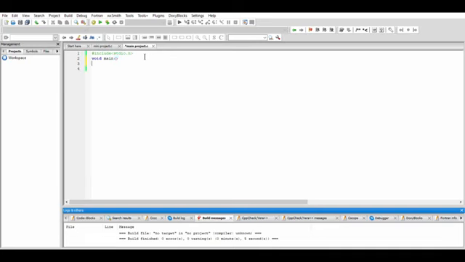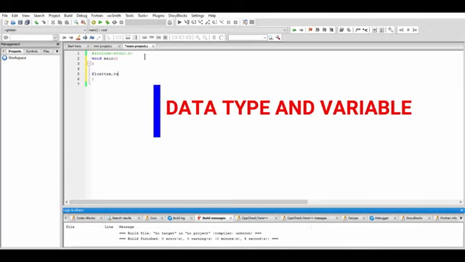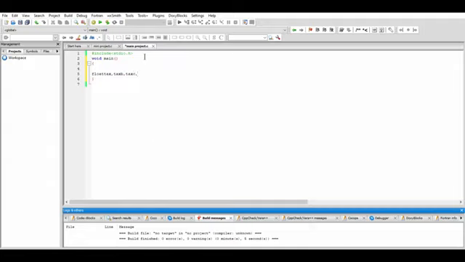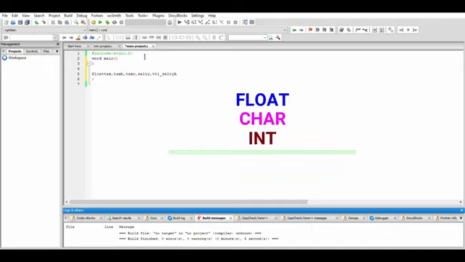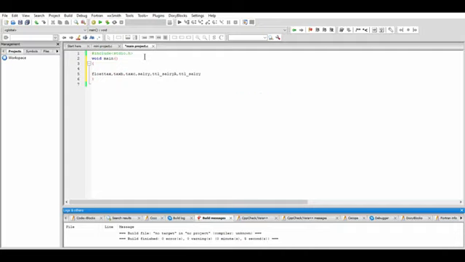So here, as you can see, I'm starting to write the data types and variables for this program. I'm using float for tax C, tax B, total salary A, total salary B, and for the hours also, because this data may include decimal points.